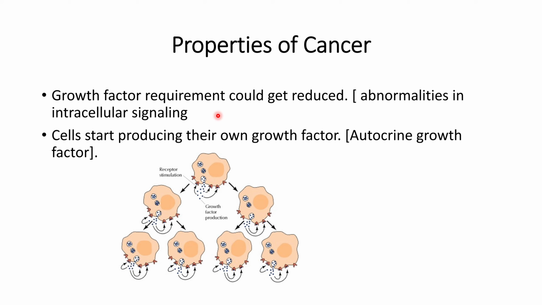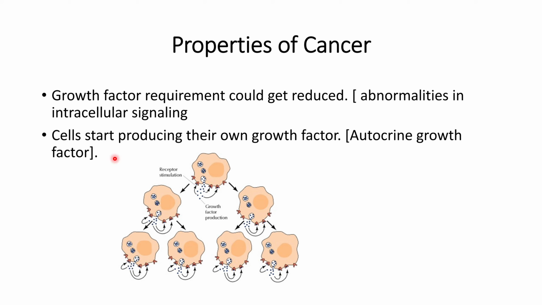RAS is a family of G proteins that couples with growth factor to initiate MAP kinase signaling. However, in a cancerous cell, this intracellular signaling gets affected, and the cancer cell no longer requires growth factor for such a process.